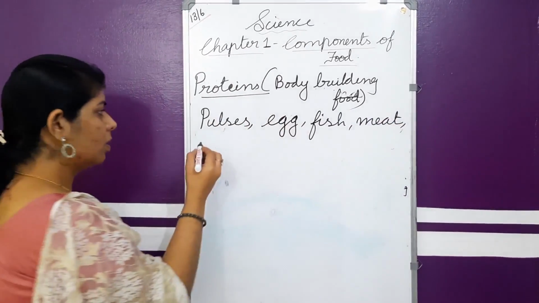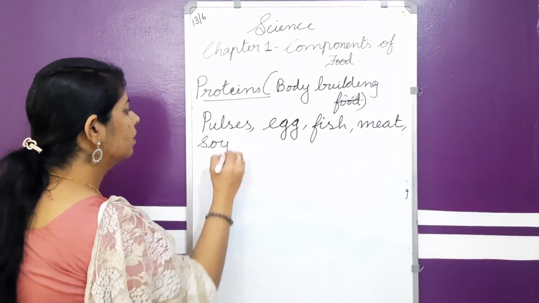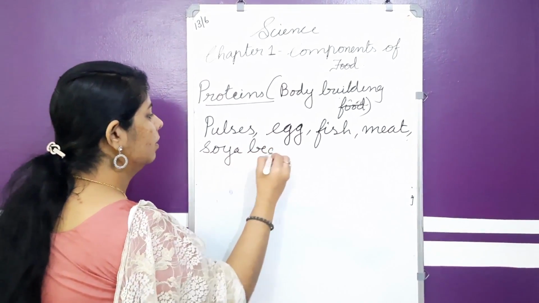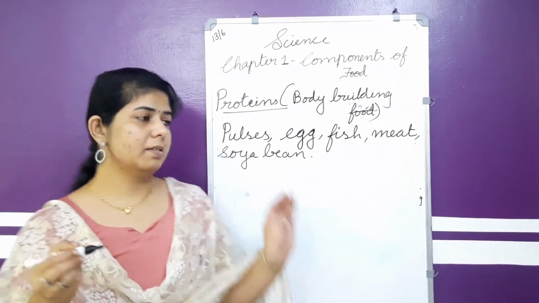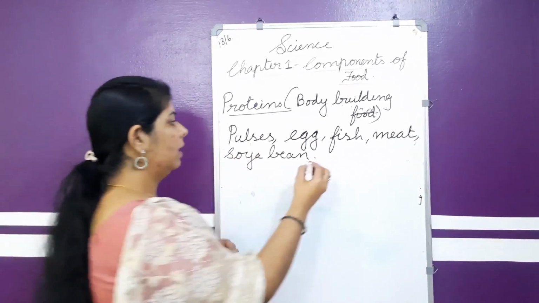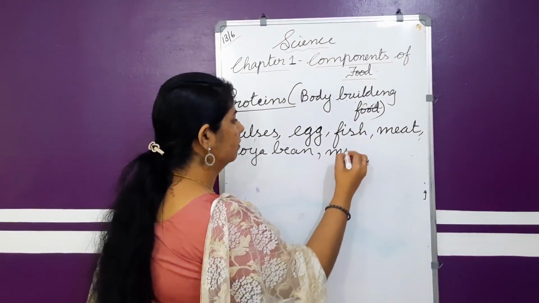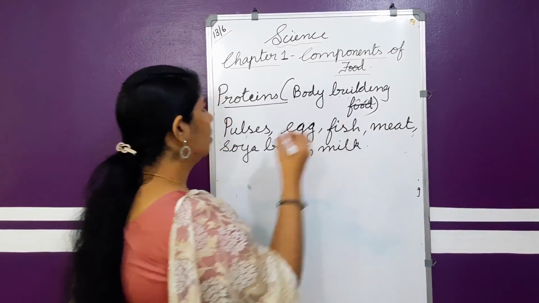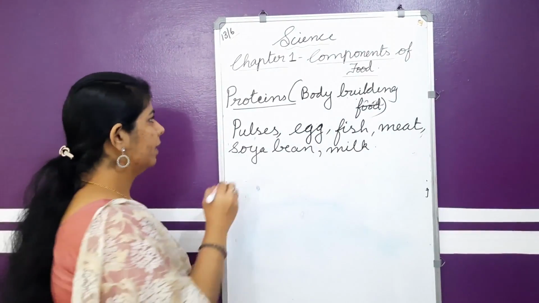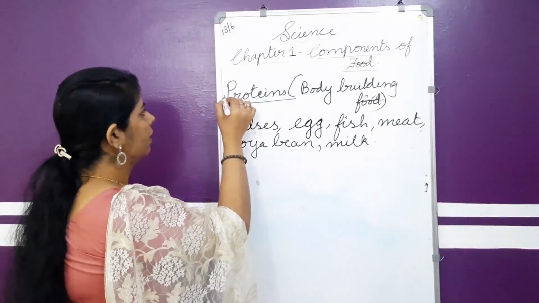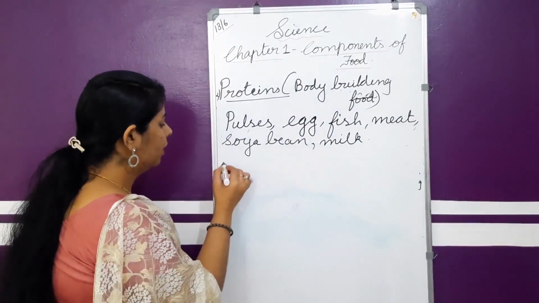Then soya bean, that is another very important protein-rich food. These are some of the food items that contain proteins. All these contain proteins. Okay. Again, the next one.